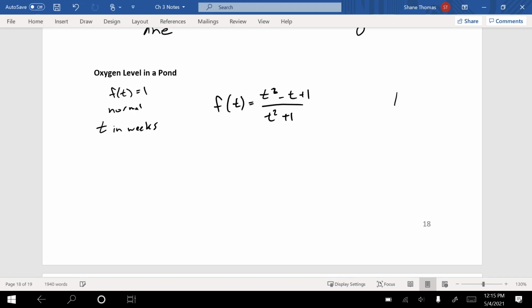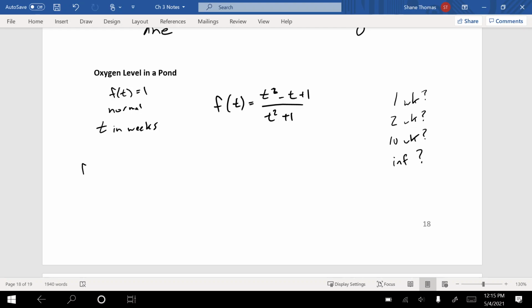So we want to know after 1 week, after 2 weeks, after 10 weeks, and infinitely. The first 3 would be really simple, wouldn't they? Just plug in the number, right? You don't have to do a derivative, nothing. Just plug in the number.